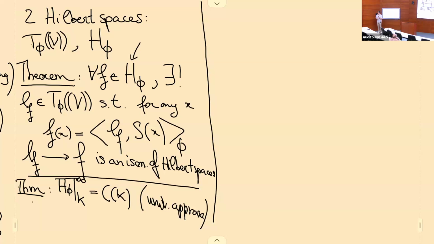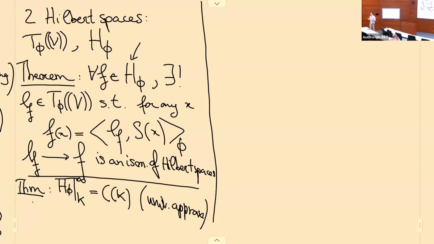You have results like this for all the spaces, not just continuous ones, for example alpha Hölder. Suppose that instead of continuous functions on K, I'm interested in universal approximation for alpha Hölder functions on K. In general in approximation theory there are such results, but not with the uniform norm.